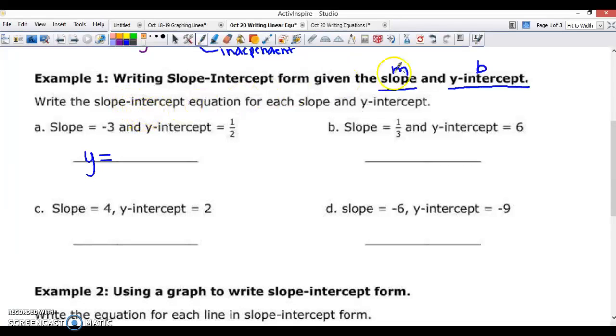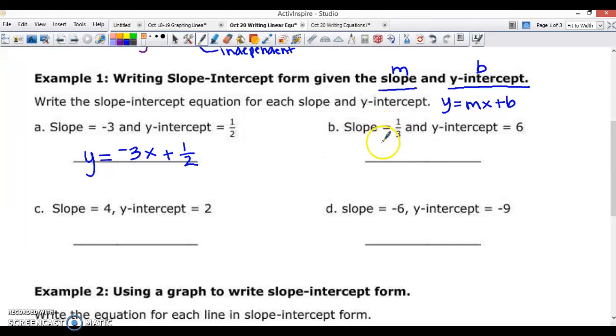Okay, so if you want to, you can always write down the slope-intercept form so you don't forget what goes where. So in this case, m is -3, so we write -3x plus, since it is a positive number for our y-intercept, 1/2. And that's it. That's all it asks us to do. Write in slope-intercept equation.